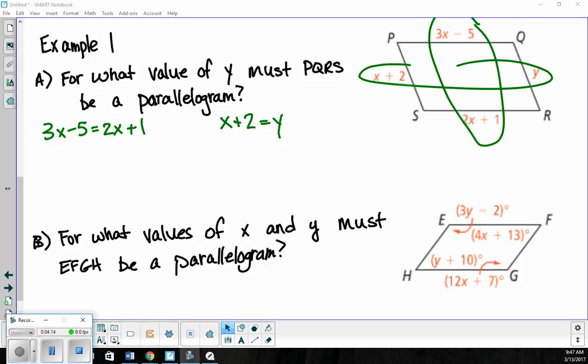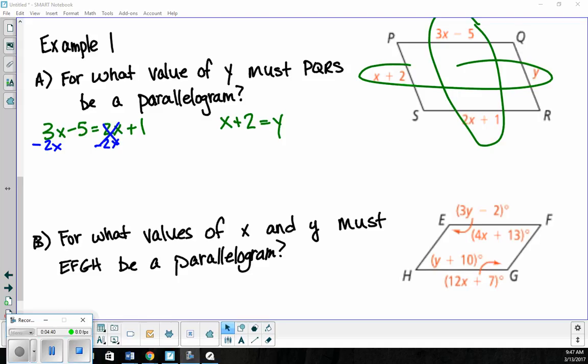So in order to solve that, I'm going to look at the things that have x's. I have a 3x on the left and I have a 2x on the right. Those have to get combined somewhere. So just because it'll keep things positive, I'm going to subtract 2x from each side. 2x minus 2x gives us 0 on the right.